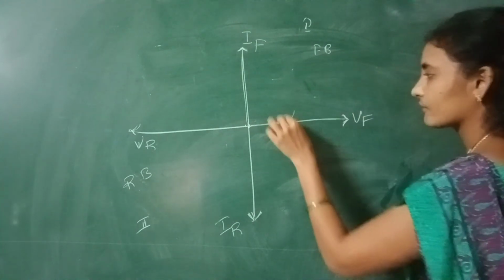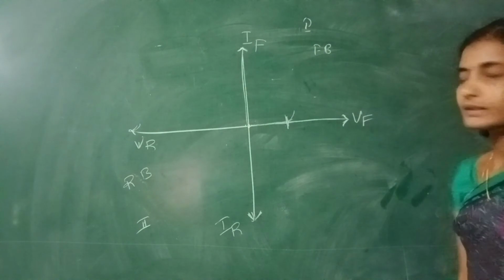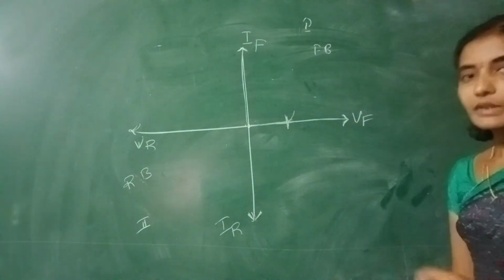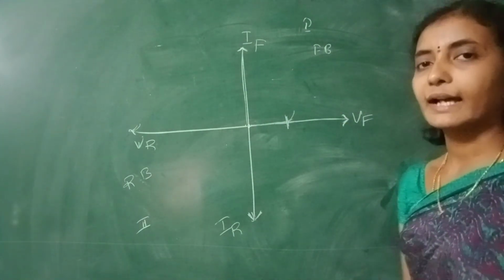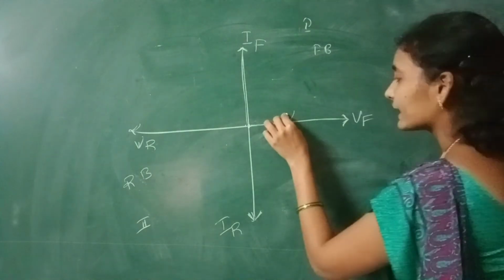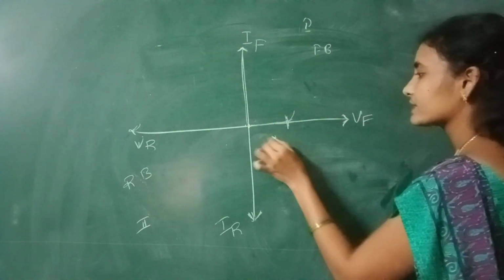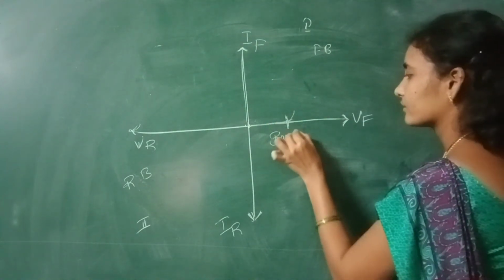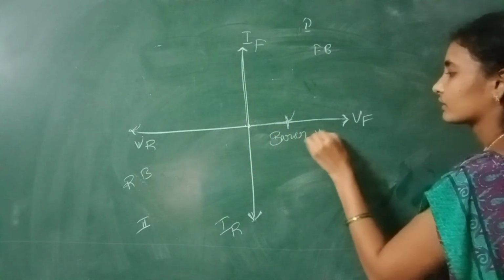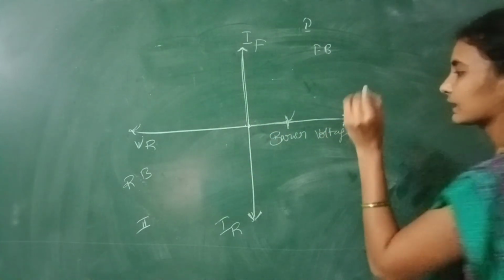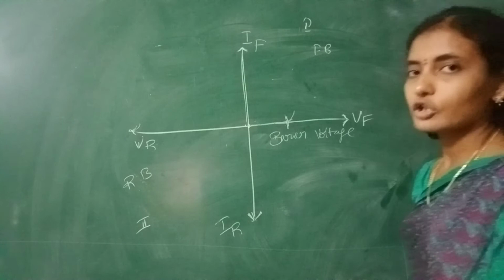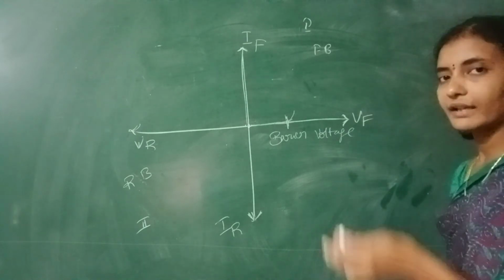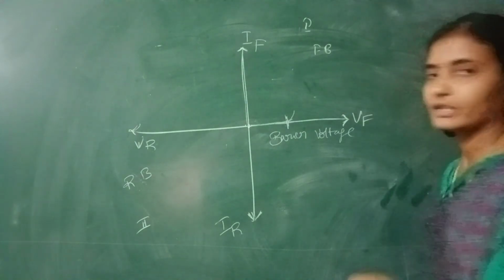Up to some value we can't observe current in the diode. When the voltage reaches the barrier voltage, a small variation starts in the current.